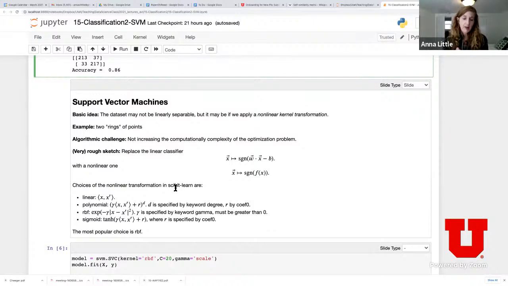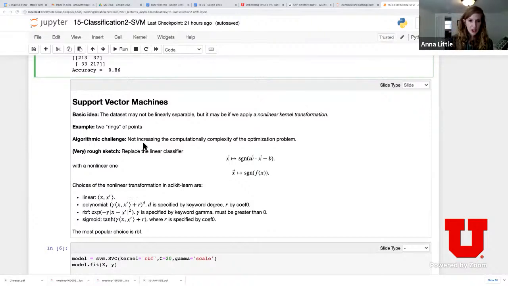But a lot of times, if your data set is not linearly separable, it's helpful to apply a nonlinear kernel transform. For example, if you had a ring of points and then another ring of points around that ring of points, you would totally fail trying to find a linear separator, but you could find a nice separating curve.